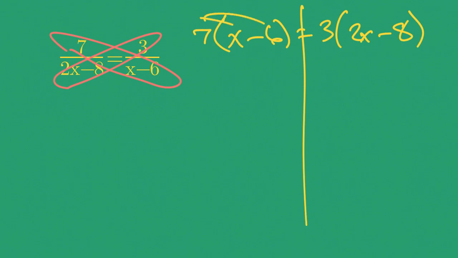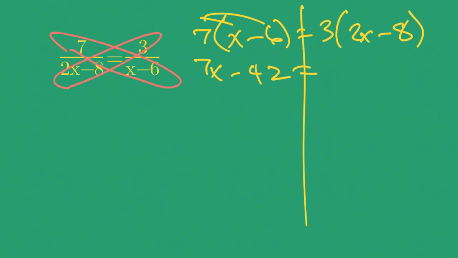All right, here we go. 7 times x, 7x. 7 times negative 6. 42, positive or negative? Negative 42. Boom.